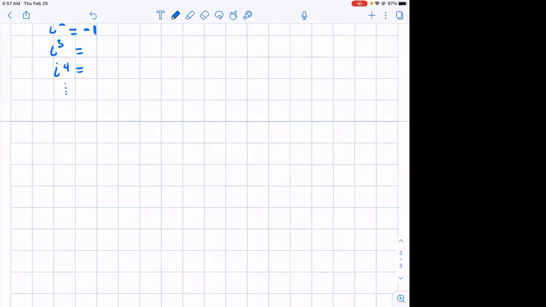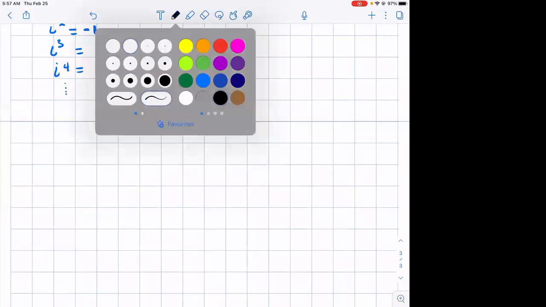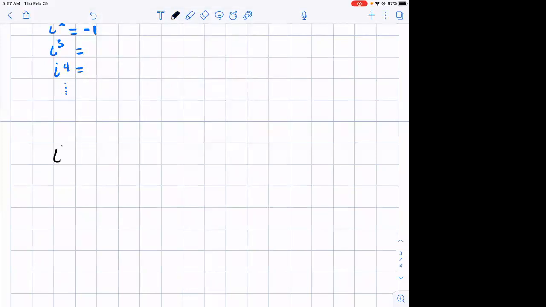So if the power is odd, i cubed, let's say, we want to rewrite this using an even and an odd power. And we'll do that by writing i squared times i to the 1, because remember, when the base is the same, you add the powers. So 2 plus 1, this becomes i to the 2 plus 1, which becomes i to the 3rd.